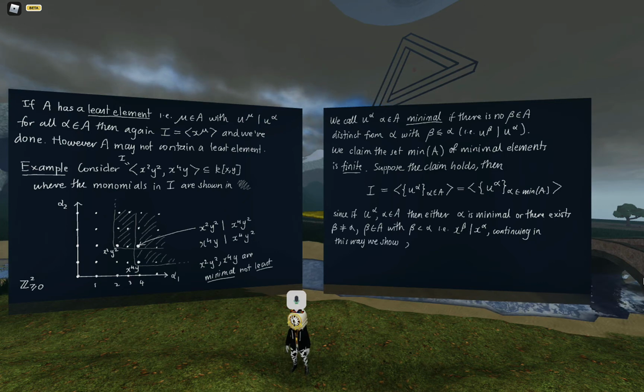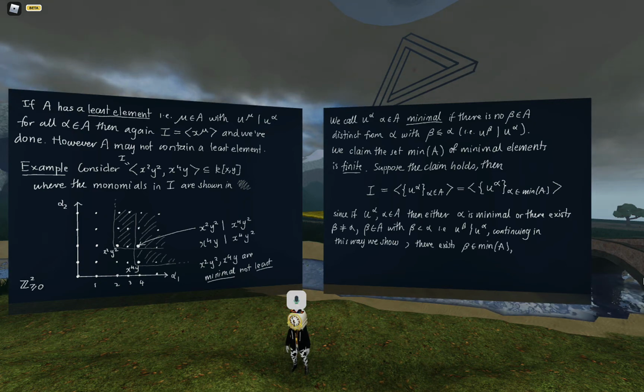That should be u's. So we show there exists a beta which is minimal, and u to the beta dividing u to the alpha. Okay, so that justifies this equality here.